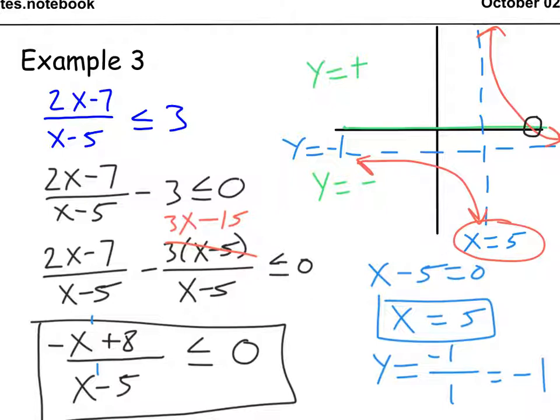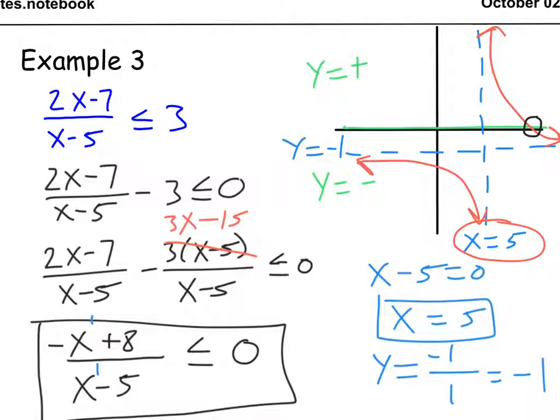Now, if I look at these as two separate curves, two non-continuous curves separated by this asymptote, I'm looking at the one on the bottom left, and I notice that that entire part of the graph is negative. It's below that green line that separates the positive and the negative y values.